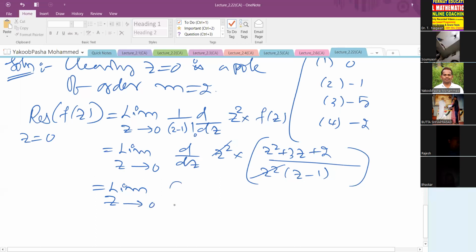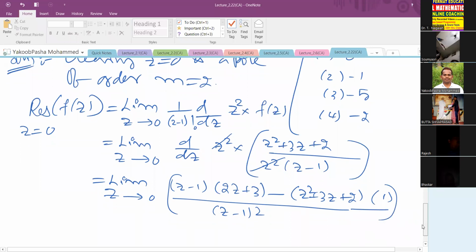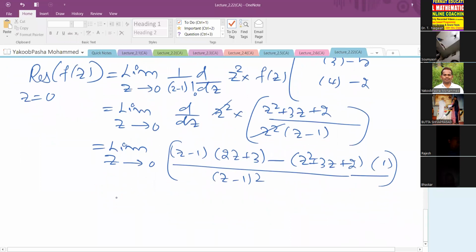So I'm differentiating this by using the u by v formula. So z minus 1 into derivative of numerator, that is 2z plus 3, minus z square plus 3z plus 2 into differentiation of denominator, that is 1, divided by z minus 1 whole square. Okay. Now apply z equal to 0 here.